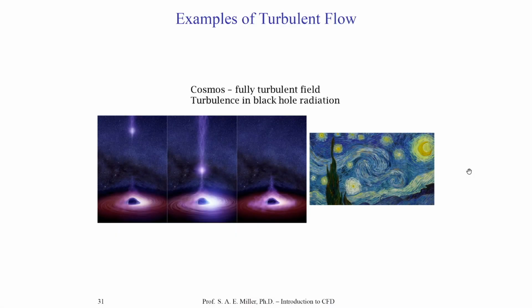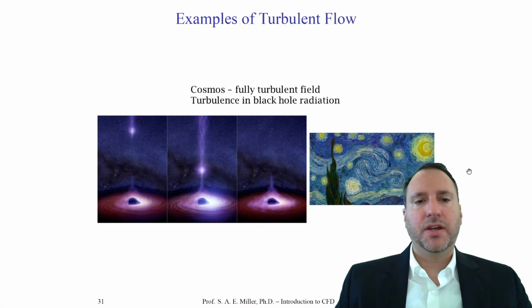You can also see turbulence in other beautiful parts of the world. You might look into an interstellar problem in the cosmos, and you might see fully turbulent flow and turbulence in so-called black hole radiation and fields. So actually, the turbulence in space of different quantities actually corresponds to Kolmogorov's theory too.